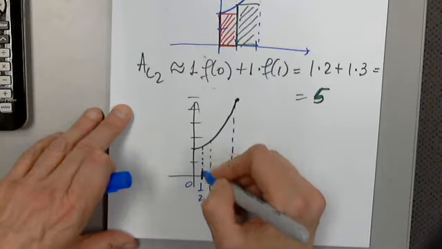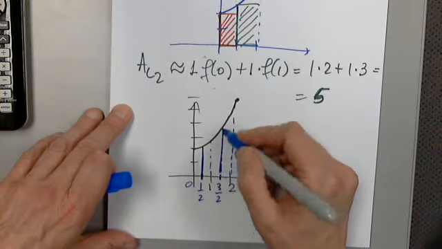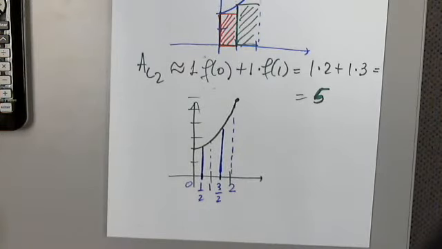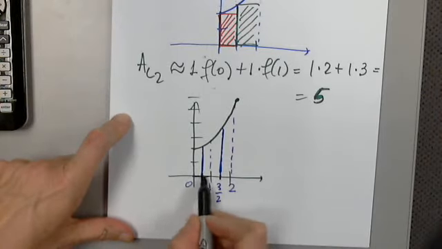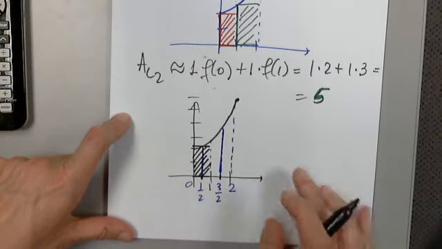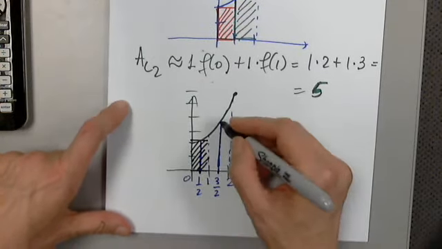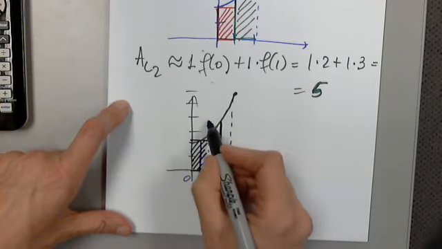I will draw and find the height right in the middle. And now the area of the first rectangle is base times height. The area of the second rectangle is base times height.